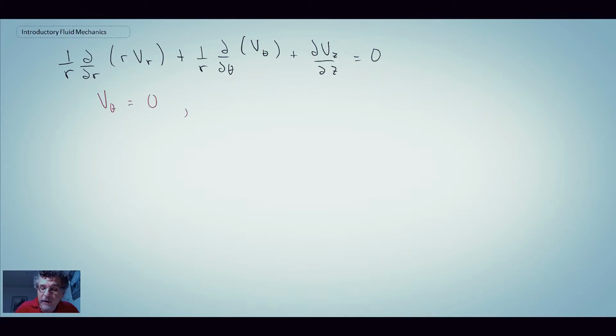And consequently, that means that the partial by partial z term, we can assume to be 0 based on the fact that we're dealing with one-dimensional radial flow. And we're told that it was in the r theta plane. And consequently, that means that this term is gone and that term is gone. And what we then end up with is this.